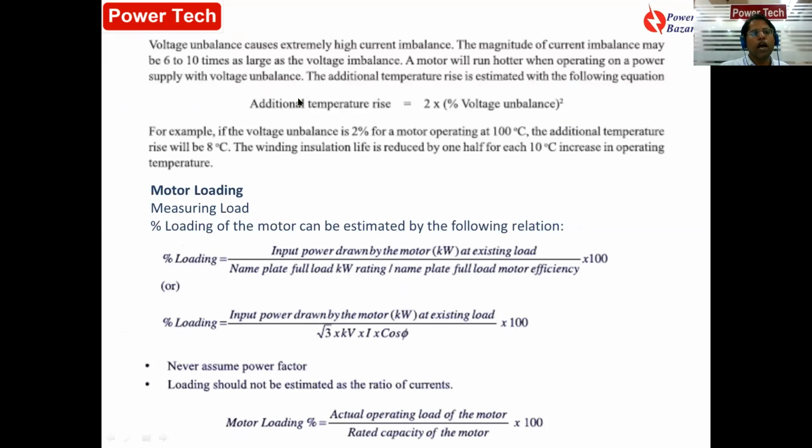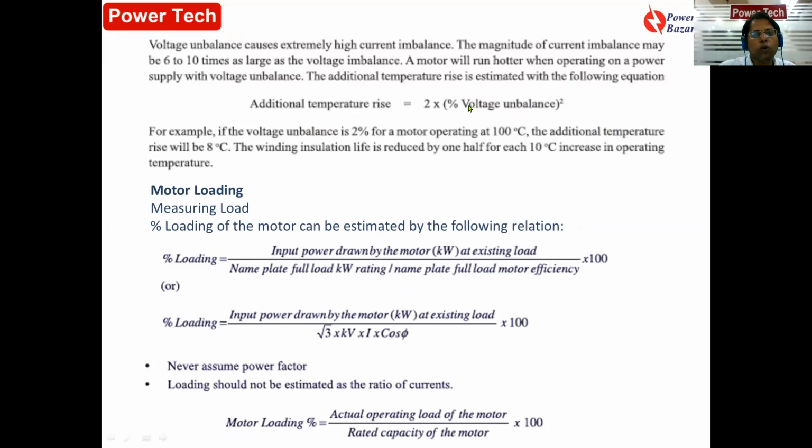Now this is the formula. What is the additional temperature rise if there is a percentage voltage imbalance? Normally it is 2 times the square of the percentage voltage imbalance. Now if the voltage imbalance is 2% for a motor operating at 100 degrees centigrade, what will be the additional temperature rise?